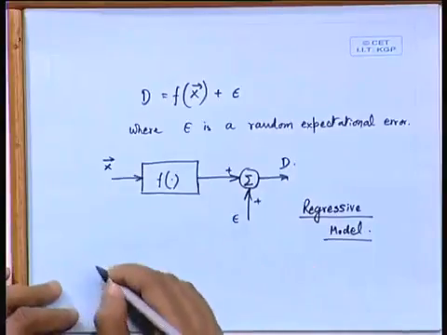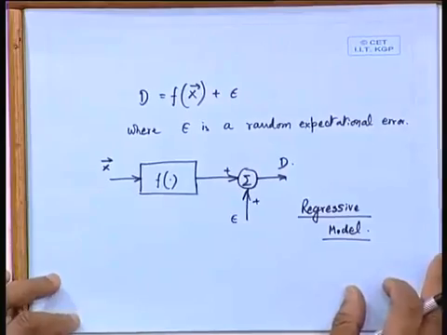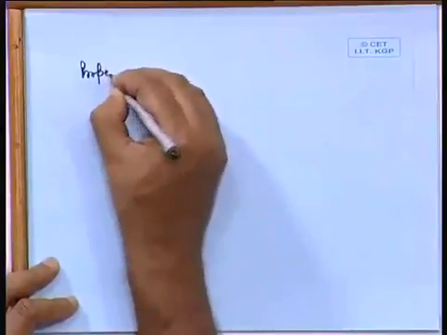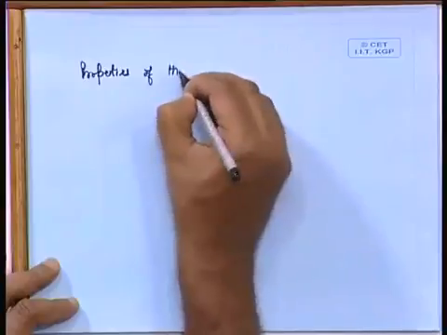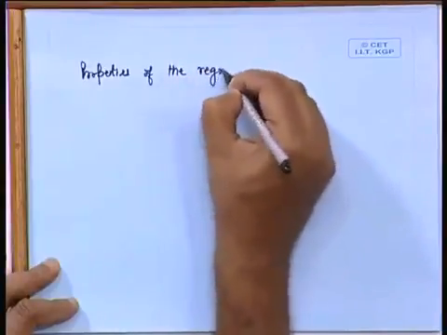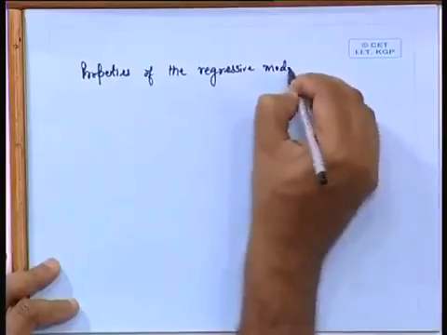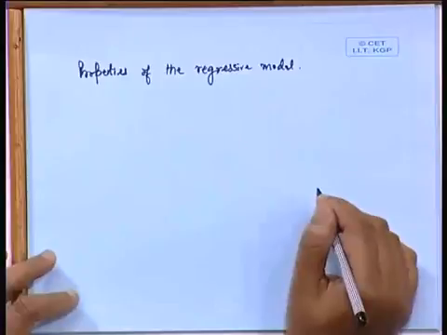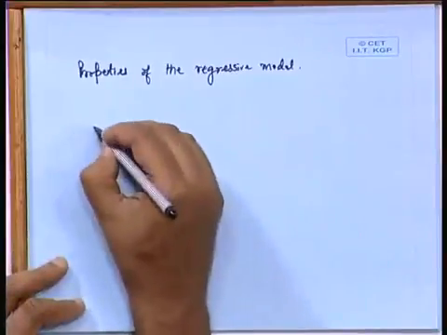Now, this regressive model that we have presented has two useful properties. The first property is that the mean expectational error given any realization of the x vector is 0.